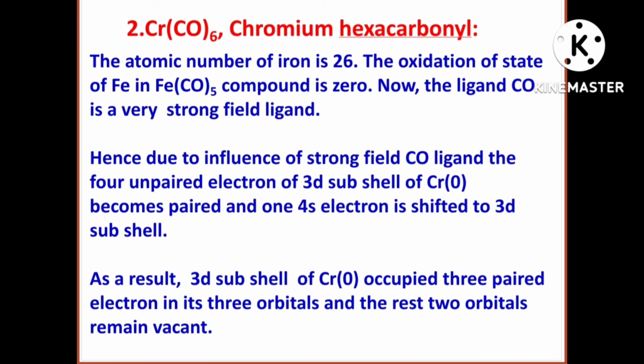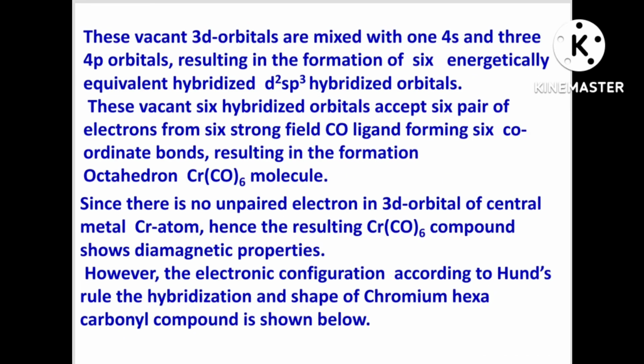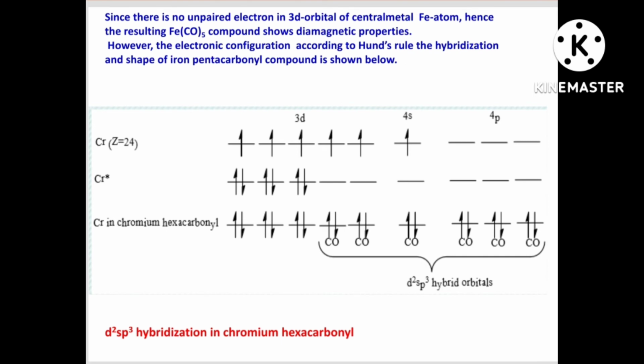And now we discuss chromium hexacarbonyl. In chromium hexacarbonyl, the central atom is chromium, the atomic number of chromium is 24, and the electronic configuration is argon 3d5 4s1. And we know very well that carbon monoxide is a strong ligand.